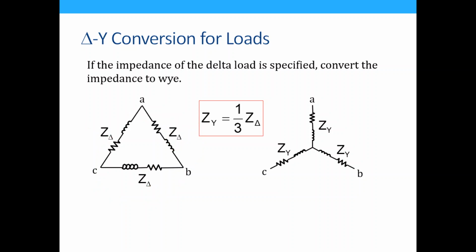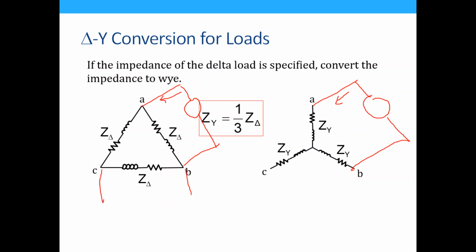Since this is purely an impedance, if you connect a voltage source here and connect it to the same voltage source value, it should have the same current for all three terminals. So that's how you know they are equivalent.